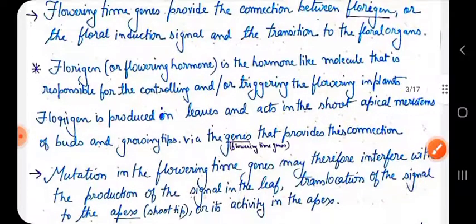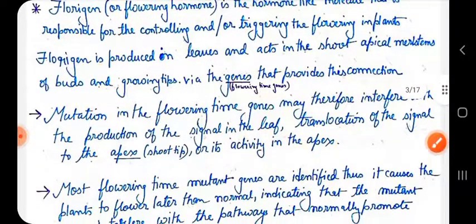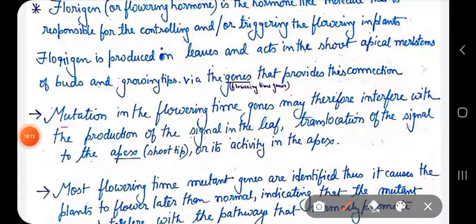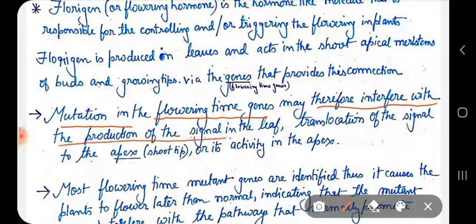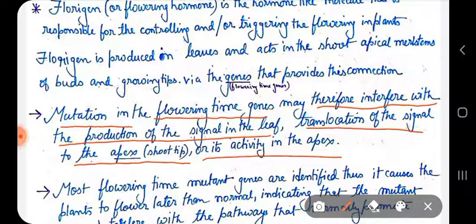Now suppose there is a mutation, a change in the base pair. Suppose there is a mutation in the flowering time genes, it may interfere with the production of the signal in the leaf, translocation of the signal to the shoot tip, or its activity in that shoot tip. Apex means shoot tip.